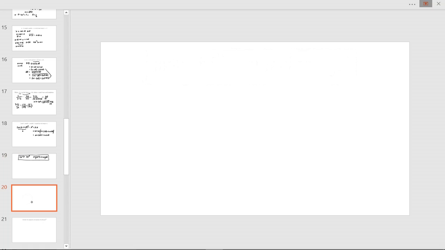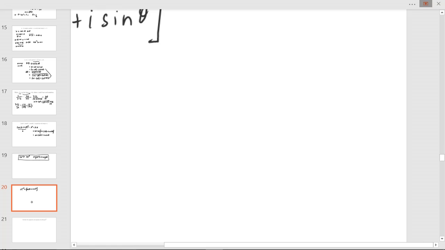So now we introduce the following equation. We have e to the i theta is equal to cosine theta plus i sine theta. Or, multiplying both sides by r, we have this.